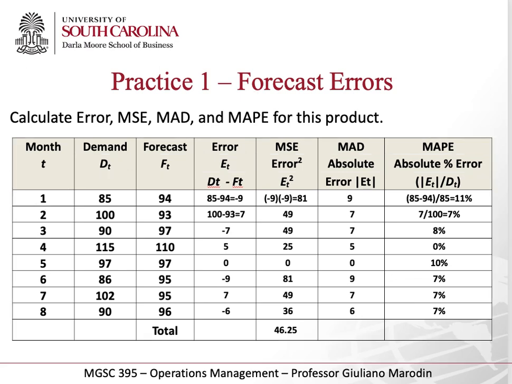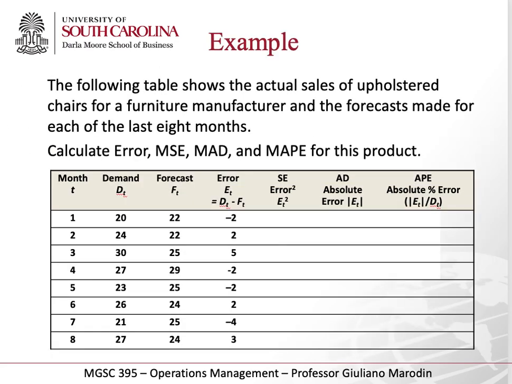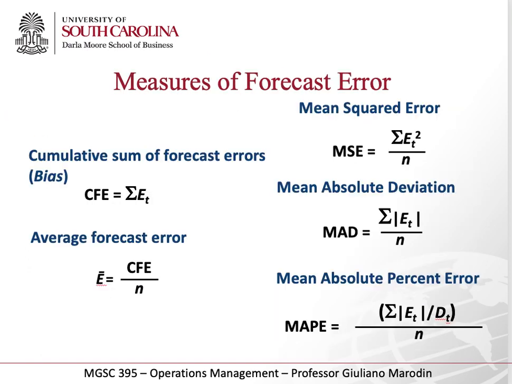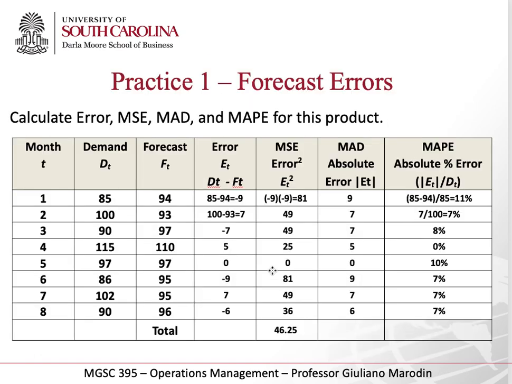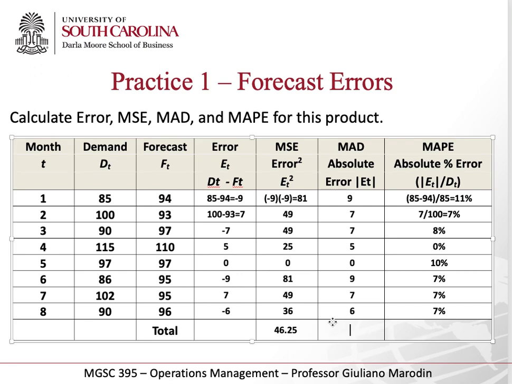If you go back to the formula here, it's an average, right? So we're just taking that error that we calculated and dividing by n. So it's 6.25, and the mean absolute percentage error is going to be 7%. Okay. So now we have the answer for all those.